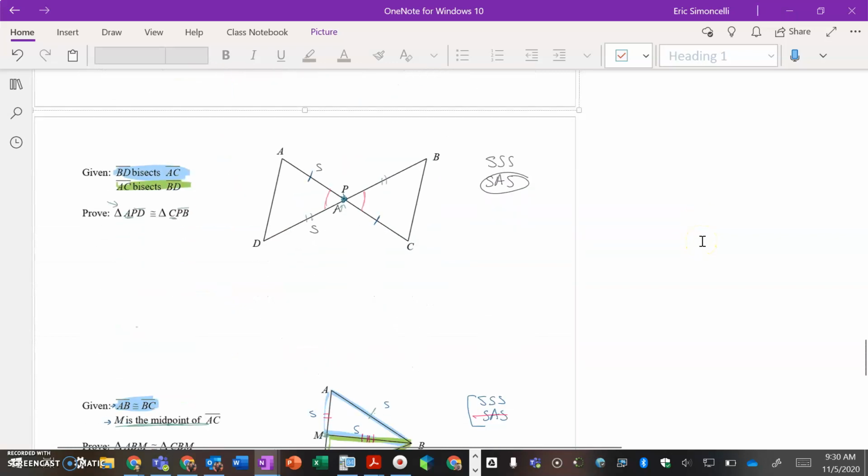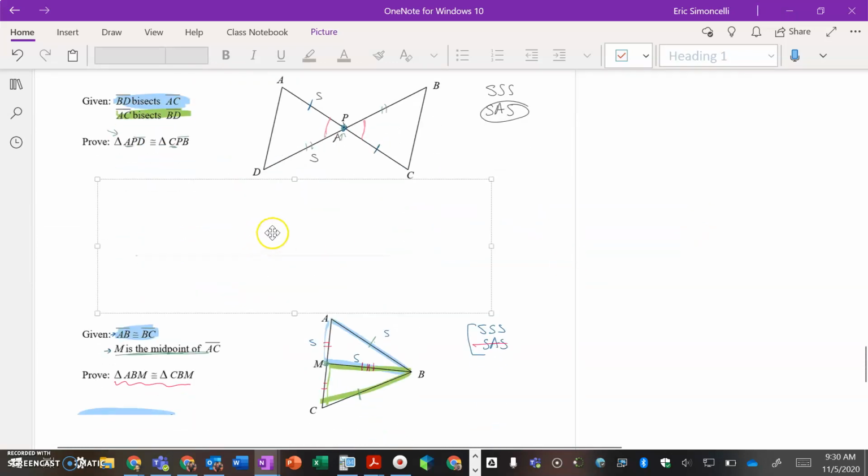This is another proof, and this time we are going to take a look at it in full. So we've got a triangle APD, and we also have CPB. Based on what we have in the picture, and of course also in the given, BD bisects, so it divides in half, segment AC.